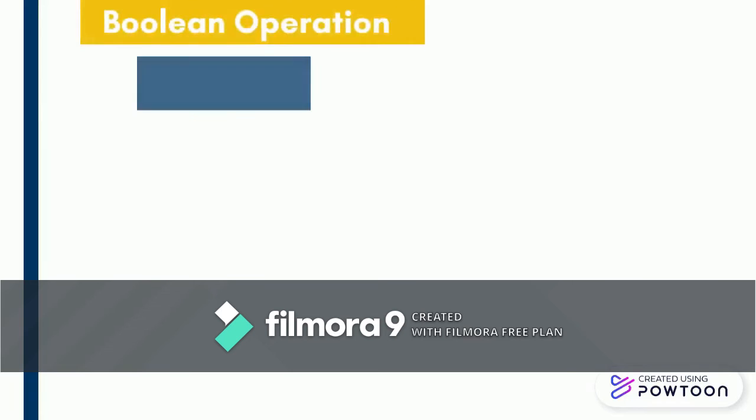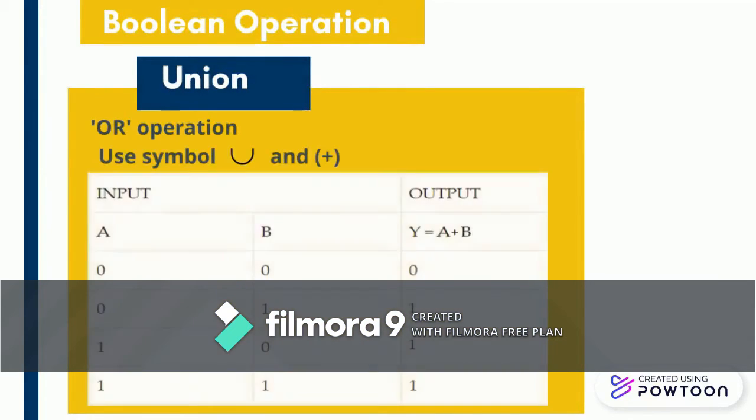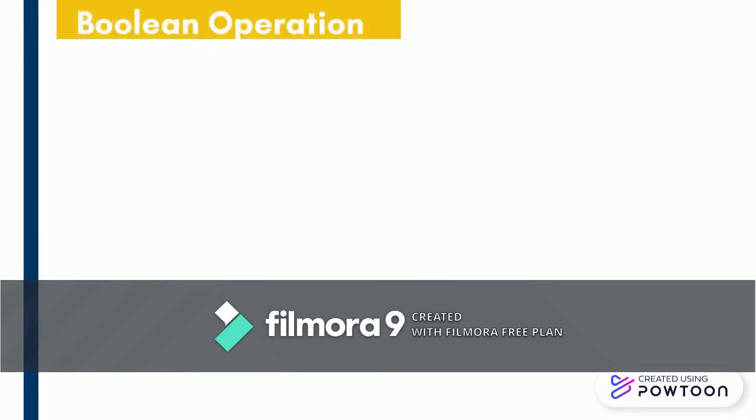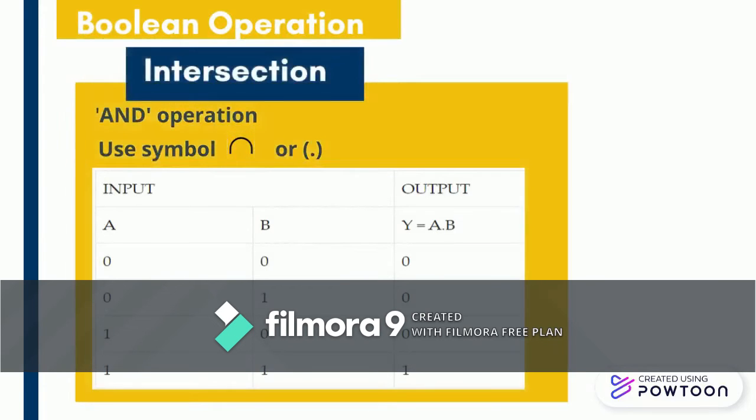For Boolean operations, we will learn about the union operation, or OR operation. If one of the inputs is equal to 1, then the output is equal to 1. Next is the intersection operation, AND operation. It needs both of the inputs to be equal to 1 for the output to be equal to 1.